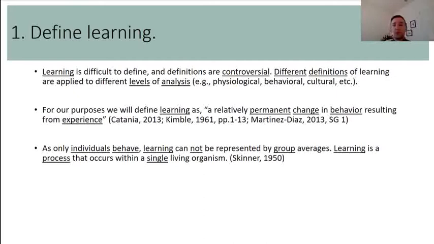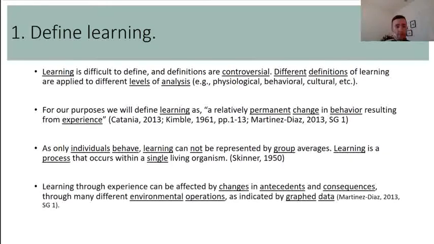It's a relatively permanent change in behavior resulting from experience at the level of the individual organism. And learning through experience can be affected by changes in antecedents and consequences. That's what experience is here, those changes in antecedents and consequences, through many different environmental operations as indicated by graph data.